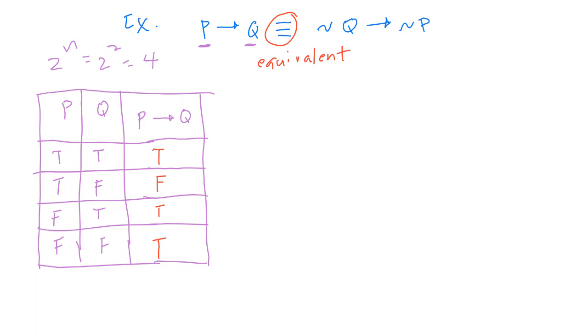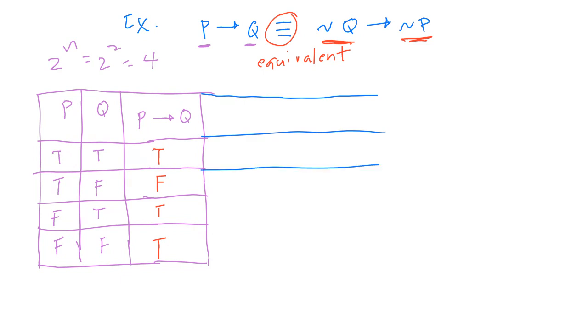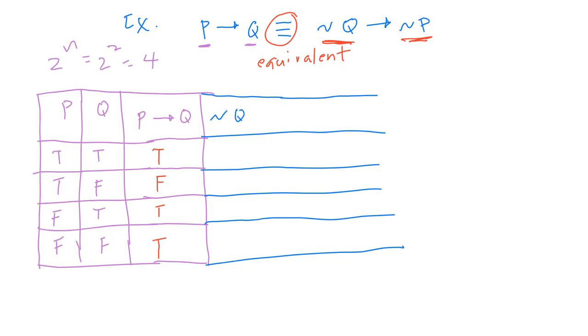So let's continue our analysis. Now on the right side, you have not Q and not P. So we have to put that in. Let's extend our truth table. So we have to create not Q and then not P. Now looking at not Q, you're looking at the second column.